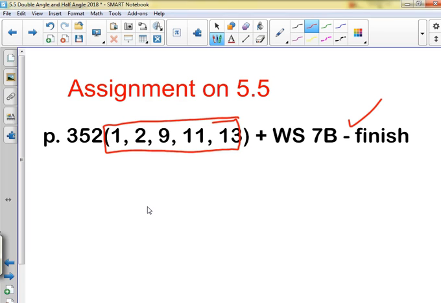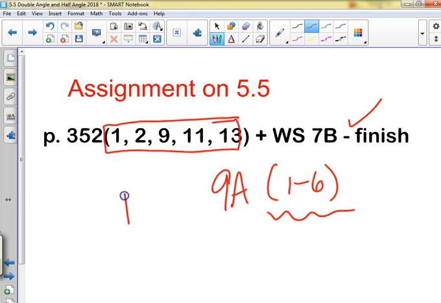Oh, I should tell you about what you picked up at the door, right? The other thing that would be good for you to look at ahead of time that deal with these half and double, 9A, 1 through 6, okay? Look at 9A, 1 through 6, because I will go over those tomorrow, but, you know, it's review for quiz day, so you know how fast we're going to be moving, okay?